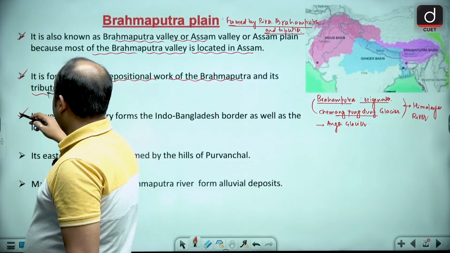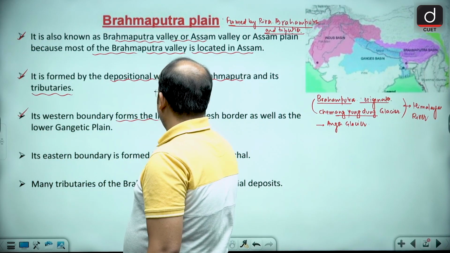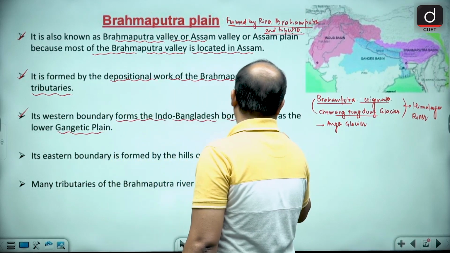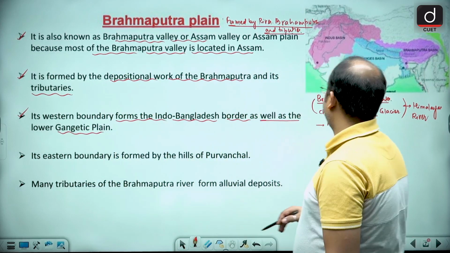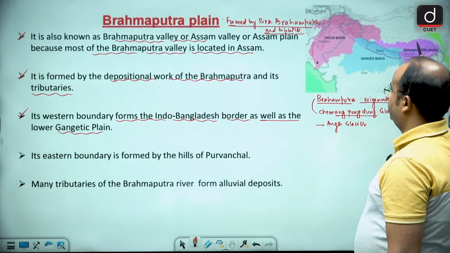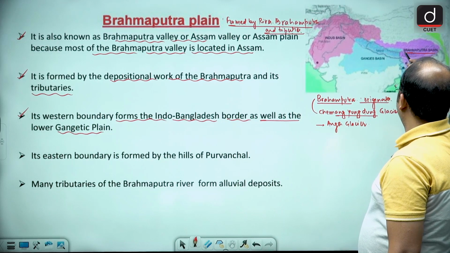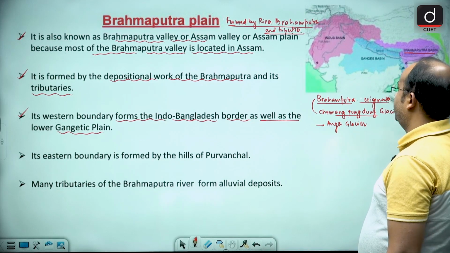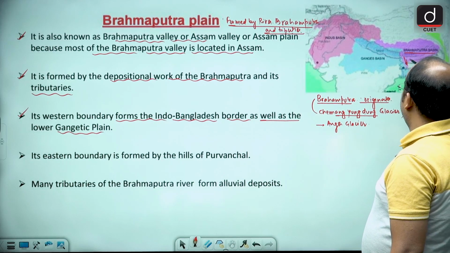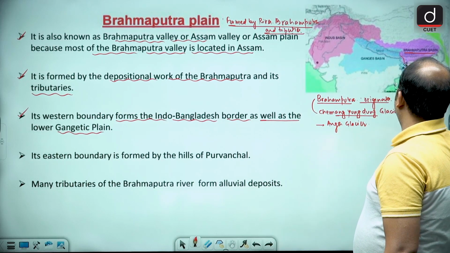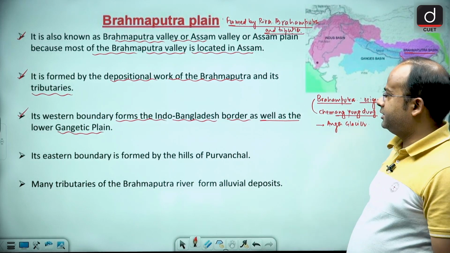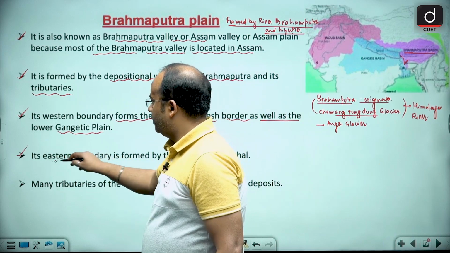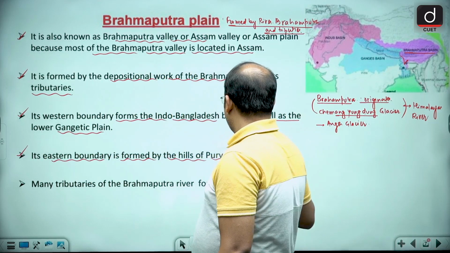The western boundary of this valley forms the Indo-Bangladesh border as well as the lower Gangetic plain. So there you can see this is the lower Gangetic plain, and the eastern boundary is formed by the hills of Purvanchal.